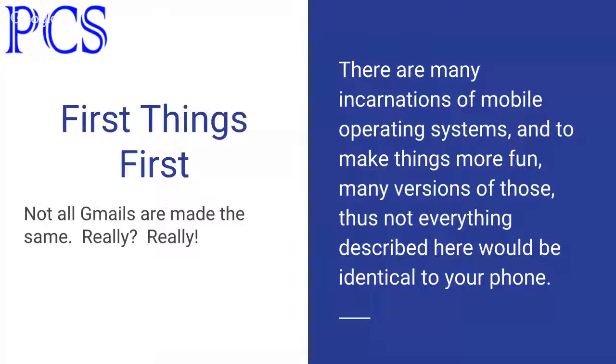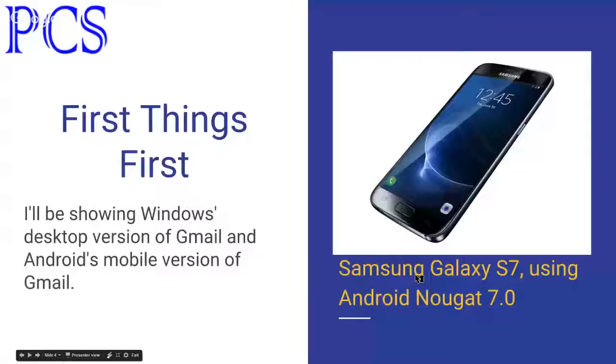With that said, also keep in mind that there are not just different operating systems, but also different versions of those operating systems. And you also have different phone manufacturers, and they have their own little embellishments. So we're playing with a bunch of different things here, and hopefully it's going to work for you just as well as it works for me. I just wanted to mention that there are different things out there.